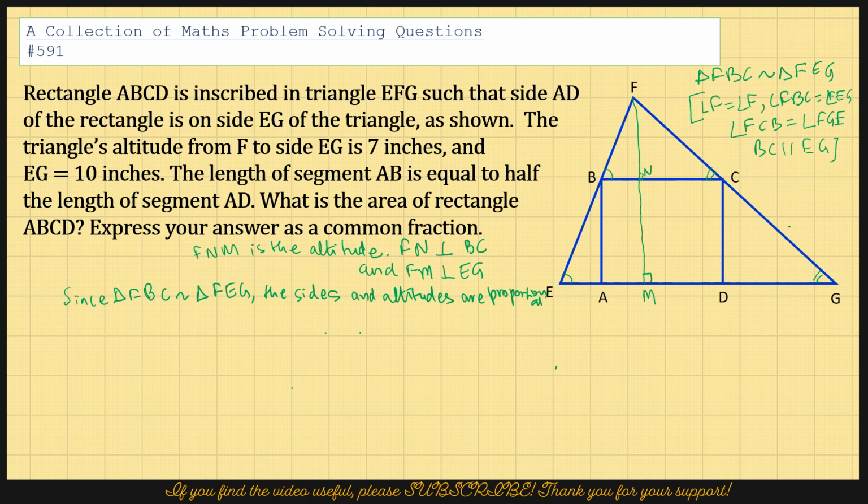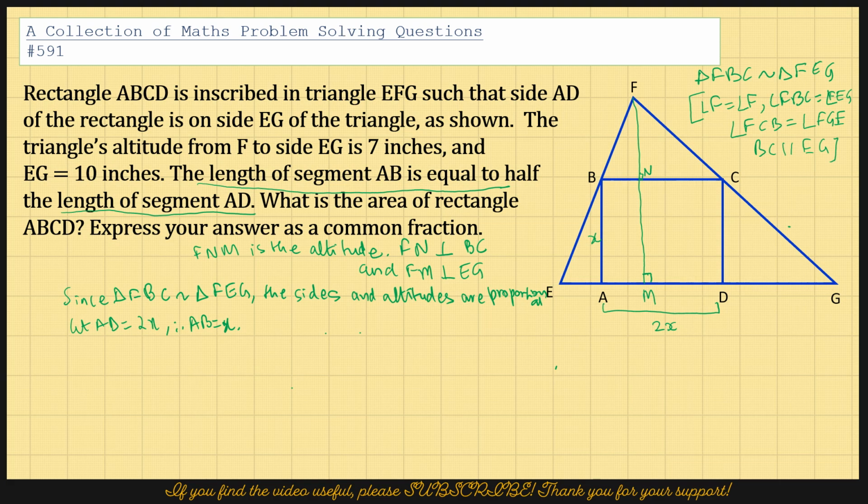Okay, so we've also been given another thing, that the length of the segment AB is half the length of the segment AD. So let AD be equal to 2x, and therefore AB would equal x.